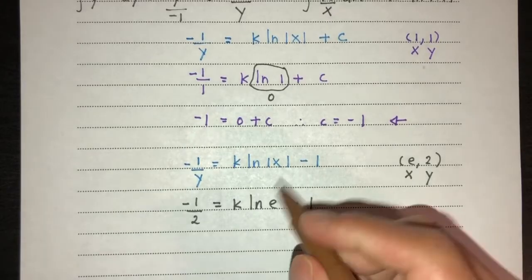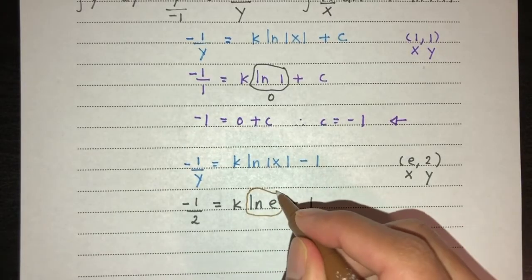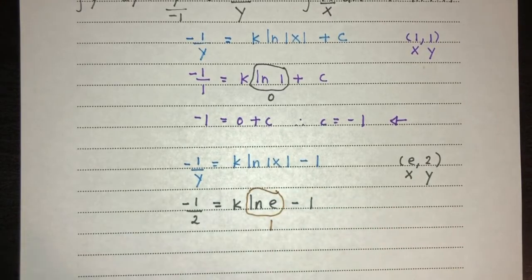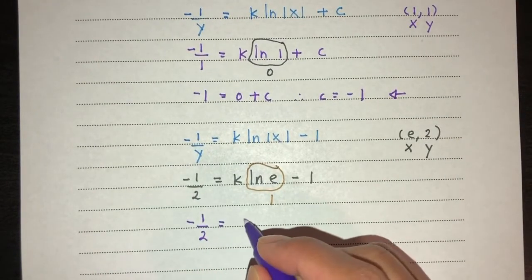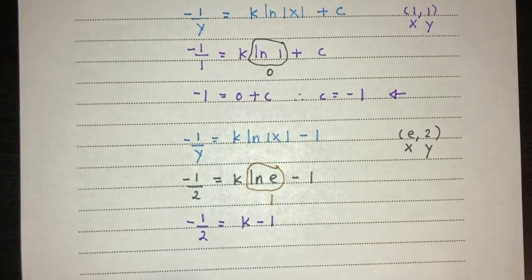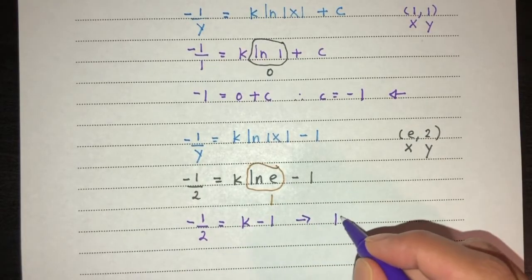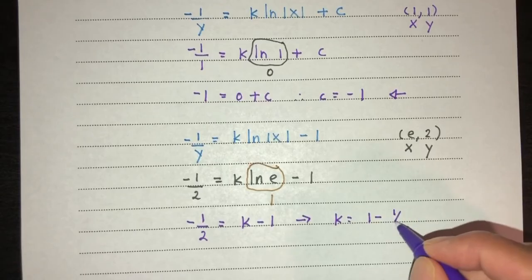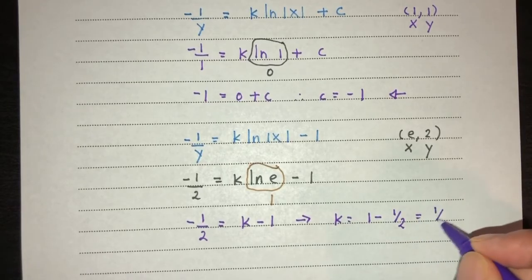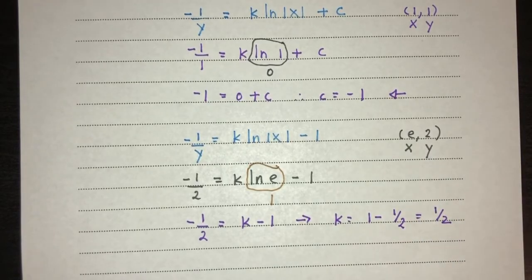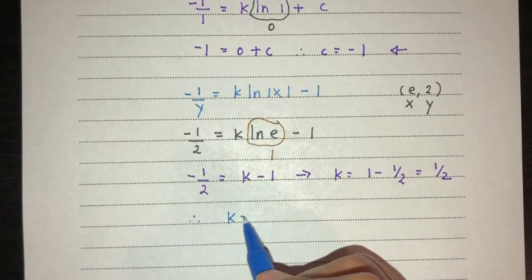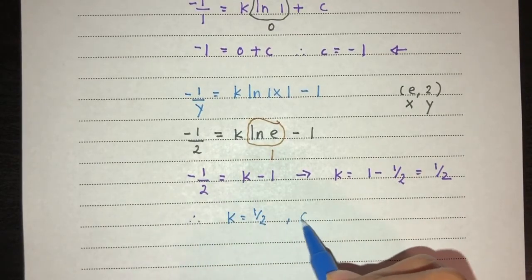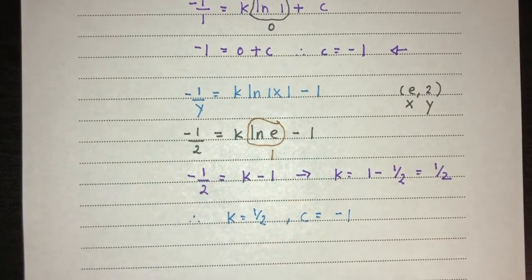Now we have to know ln of e is equal to 1. So eventually, this is minus half, equal to k minus 1. From this, k is equal to minus half divided by minus 1, which is half. So your values are k is half and c is equal to minus 1.